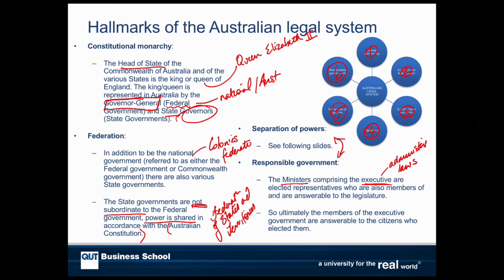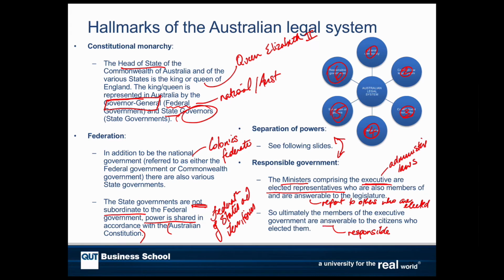Now, the ministers are actually elected in Australia. Because they're elected, they also report back to all the other elected members, to the other people in the legislature. That means that the ministers and the government that's putting the plans into action is responsible to the Parliament.